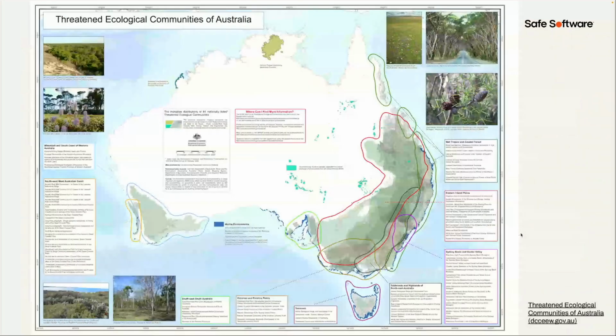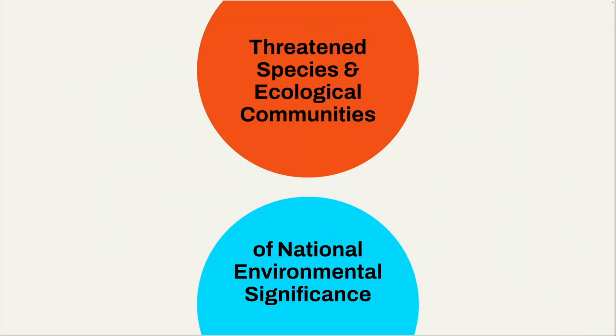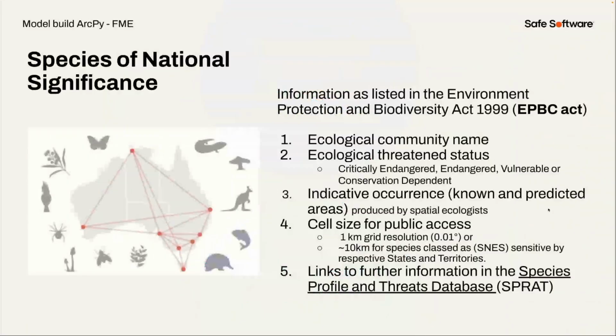A map says 1,000 words. Here are the 84 nationally recognised threatened ecological communities across 13 districts. These communities have been typically heavily cleared and fragmented into smaller patches throughout their ranges. So, species of national significance, information on this EPBC Act.